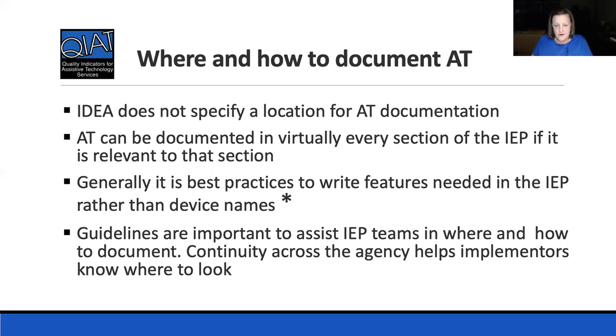You will notice, however, that there's an asterisk by that, and that is that when we talk about present levels of performance and achievement, then we really do want to name what the student is actually using and how the use of that assistive technology contributes to their present levels of performance. Part of the reason for that is we may need to change something or we may not. But if we know what a student is using, particularly if they've become a proficient user of a particular thing, we would really want to stay with that if we could, rather than go to something else, even if that something else had the same features.